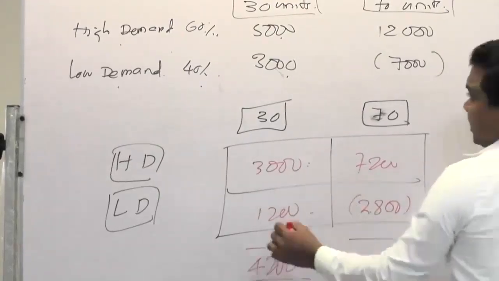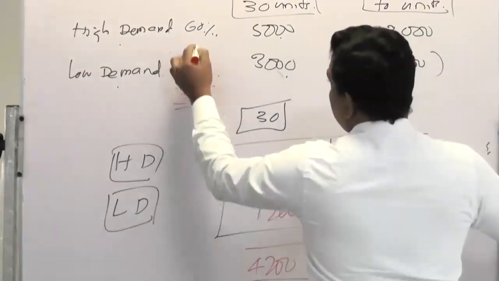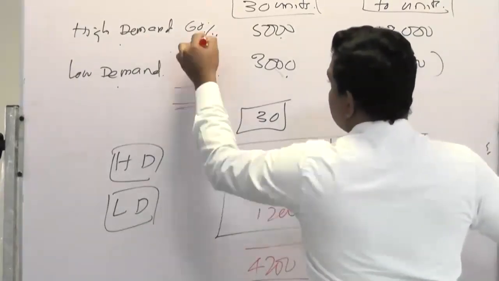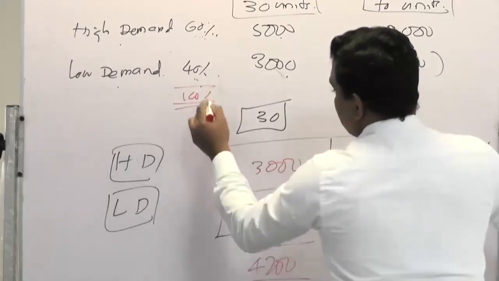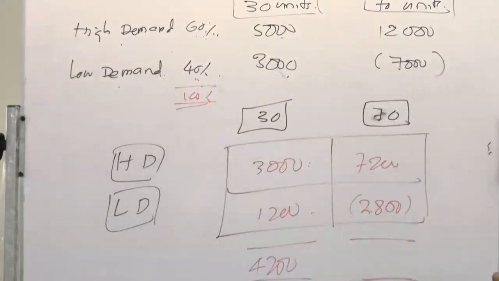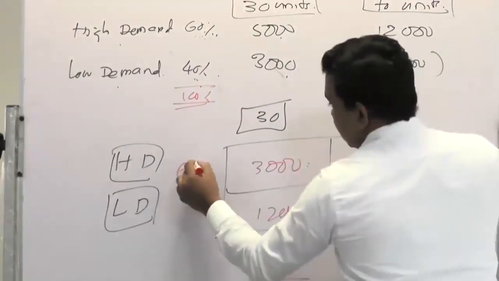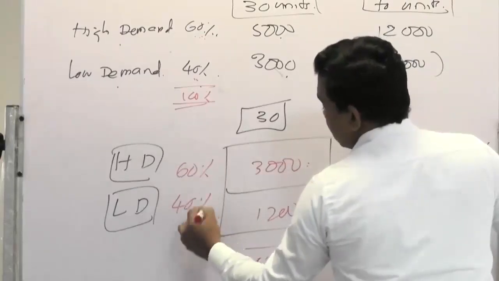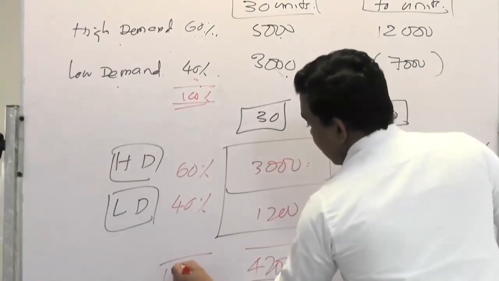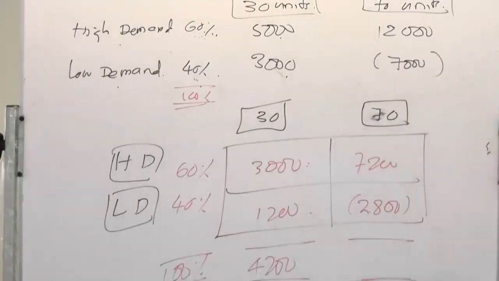When you have expected value, you need to take the total to have the 100%. Here, to have the 100%, you need to take the total value, right? Because here you have 60%, you have 40%. To take the decision, it should be 100%. Therefore, you need to take the total.